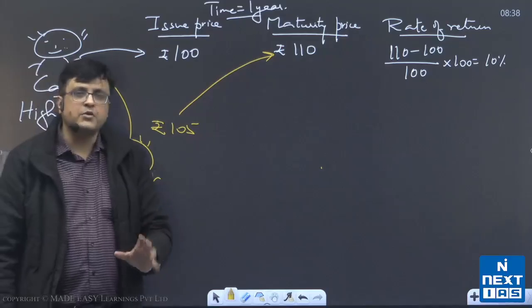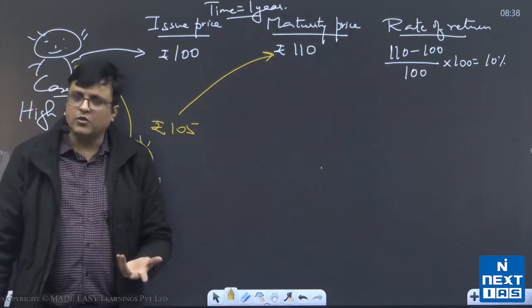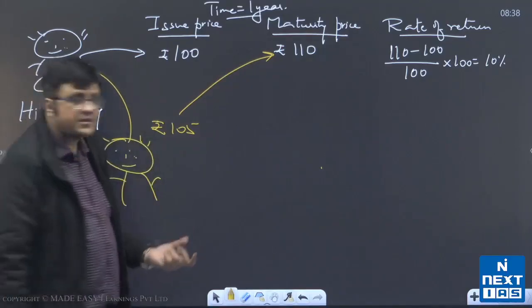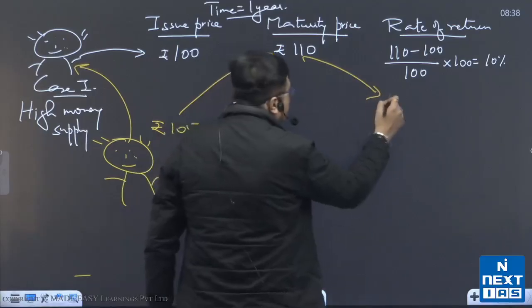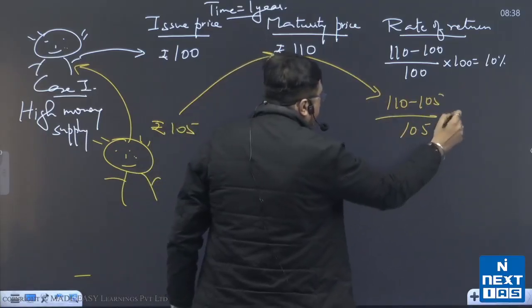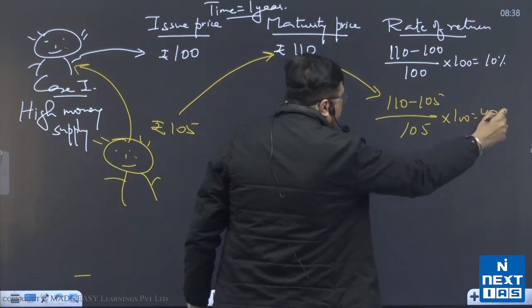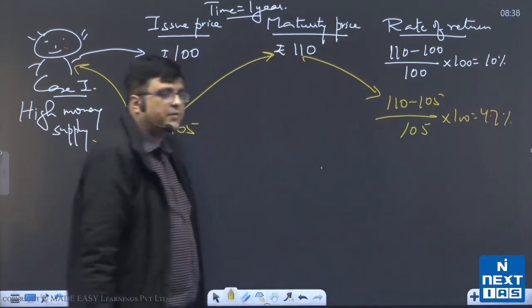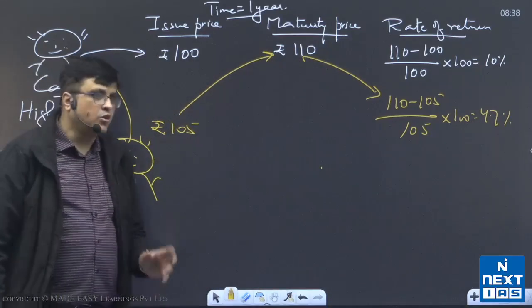Issuer उनको ये थोड़ी कहेंगे मैं तुम्हें 115 देता हूँ, वो तो 110 ही देंगे. So if he gets 110, then the rate of return becomes (110 minus 105) upon 105 into 100. That's kind of 4.7%. So you know what's happening?